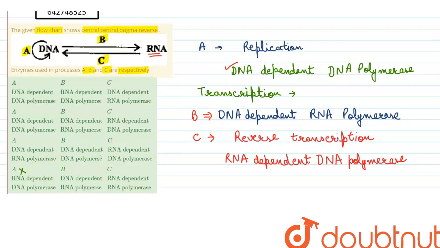Second, enzyme B is DNA dependent RNA polymerase. So accordingly, this would be eliminated and either of these two options would be correct. Now the last enzyme is RNA dependent DNA polymerase. So accordingly here our second option would be correct. This would be the correct option for the question.